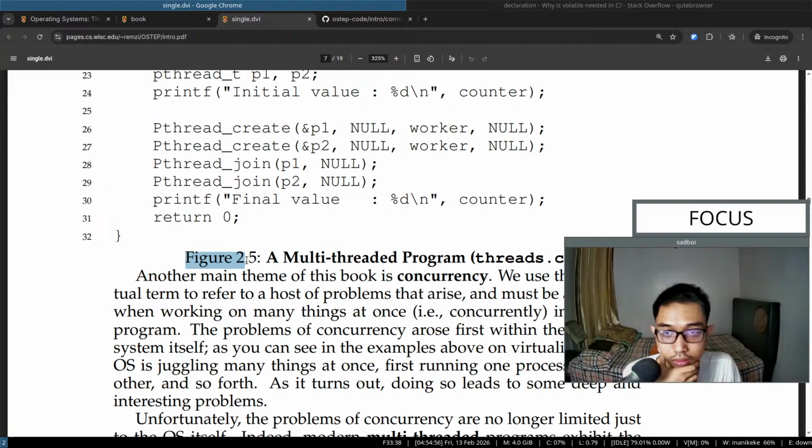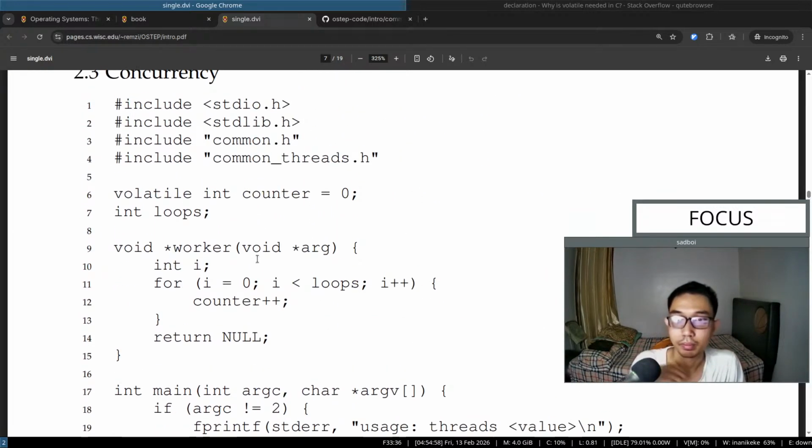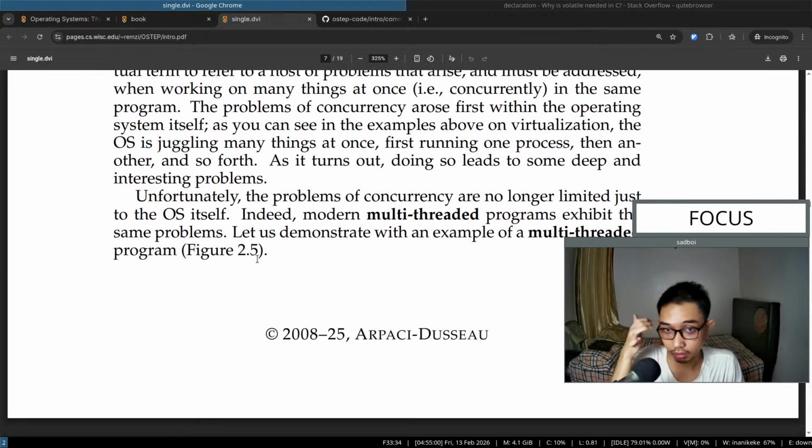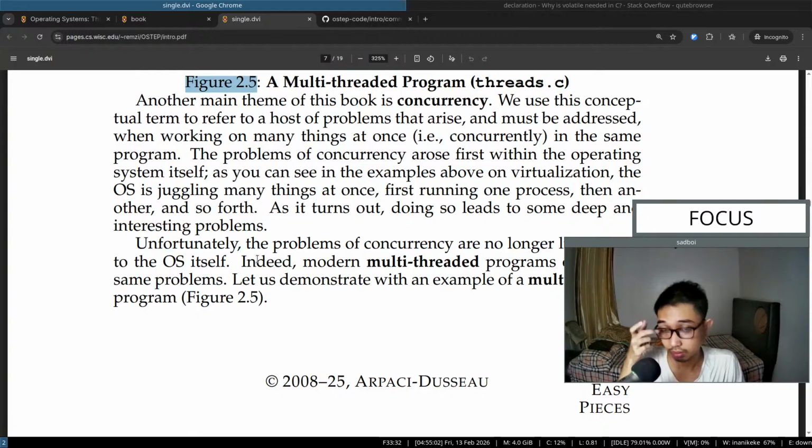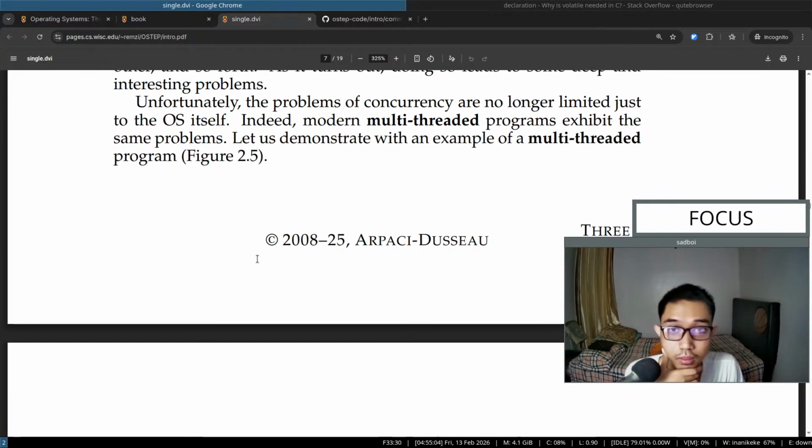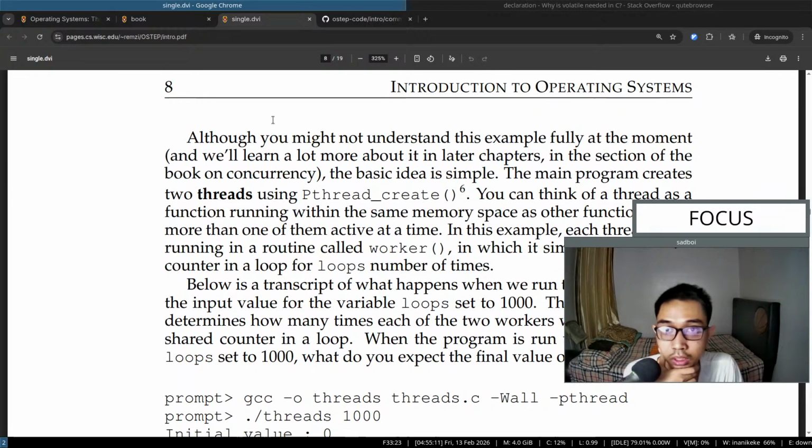This one, right? Okay. Although you might not understand this example fully at the moment, we'll learn a lot more about it in later chapters.